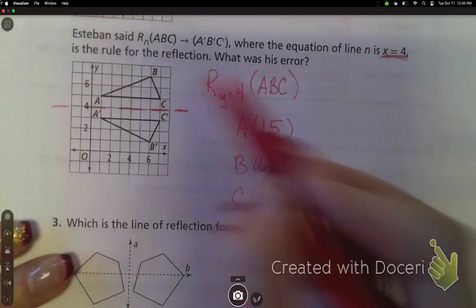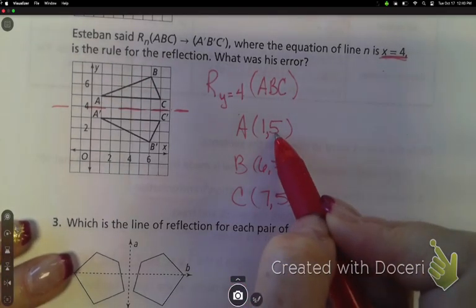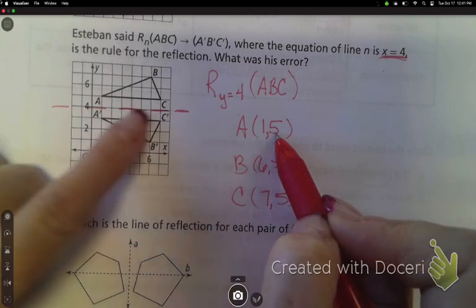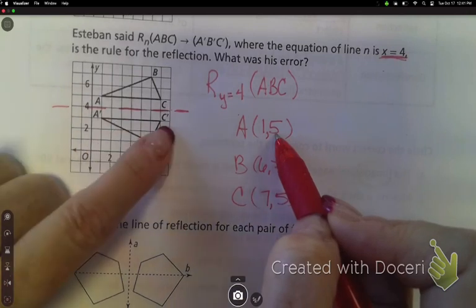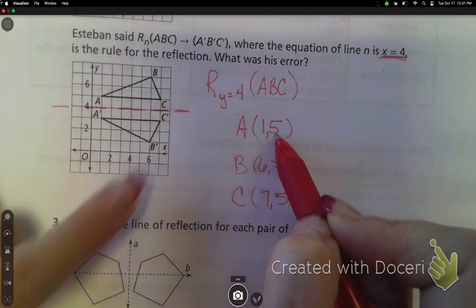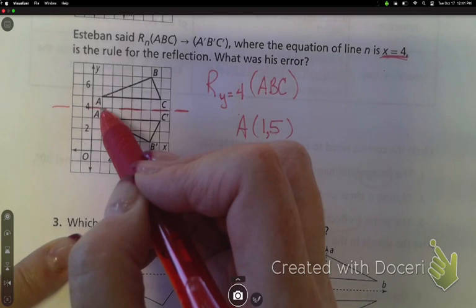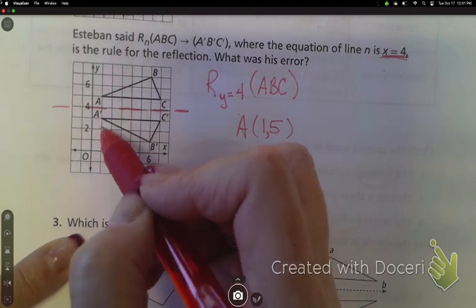So from 5 to 4, what's the difference? 1, yes? So if I have to go 1 down to get to the line, I have to do what to get to the next point? Double it.